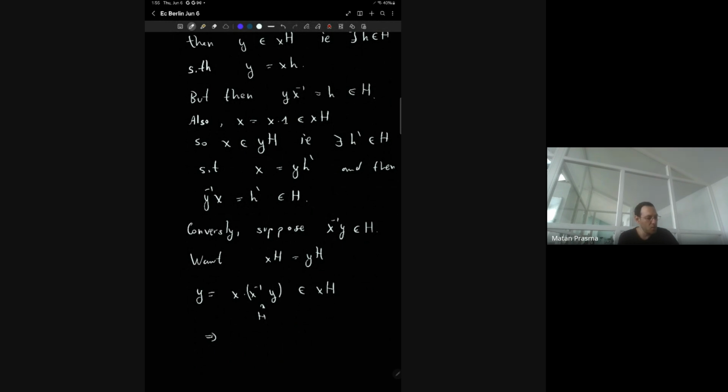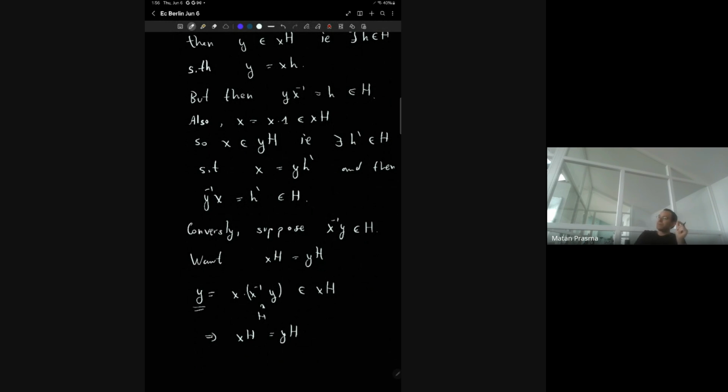If y belongs to xH, then it means that xH must be equal to yH. Why? I claim that now that we know that y belongs to xH, to the coset of H with respect to x, I can immediately deduce that xH is equal to yH. Well, because of the partitioning theorem we saw before. Yes. Two cosets are either equal or disjoint.